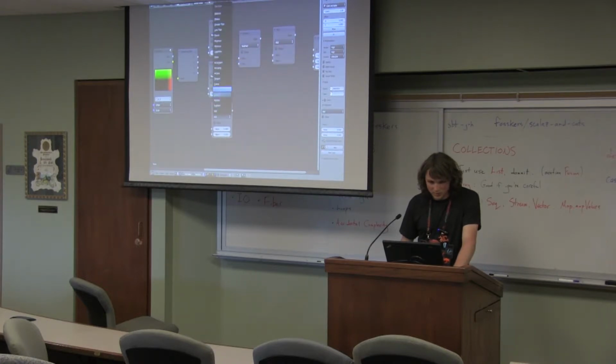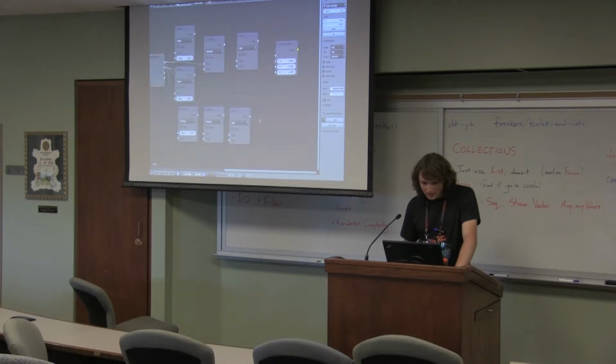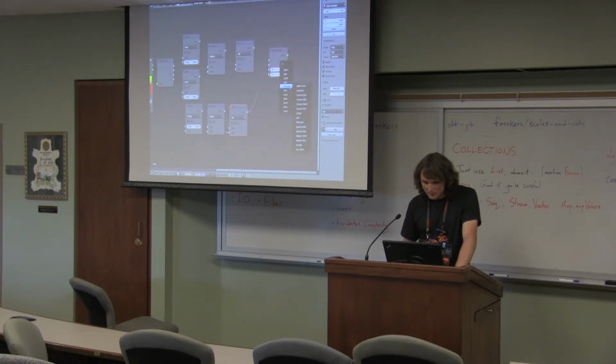So we're going to have some multiplication. And then add the original y value. And then combine this in for our new y-axis.